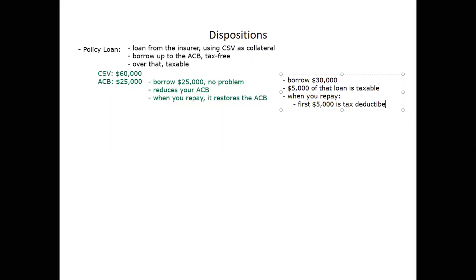So you basically undo the consequence of that earlier loan, then the next $25,000 restores the ACB. So when you repay the loan, we bring the first portion in as a tax deduction, and then we bring the ACB back up. Any questions there?